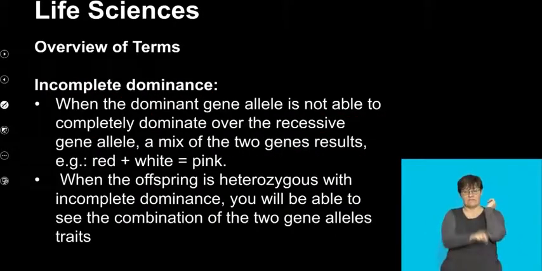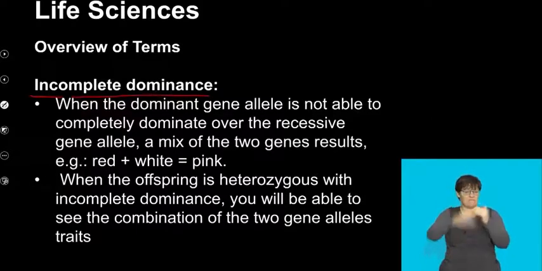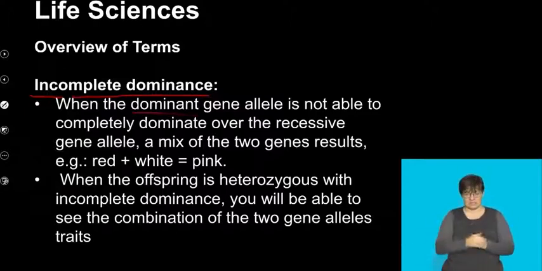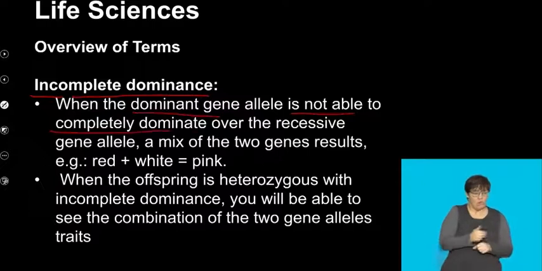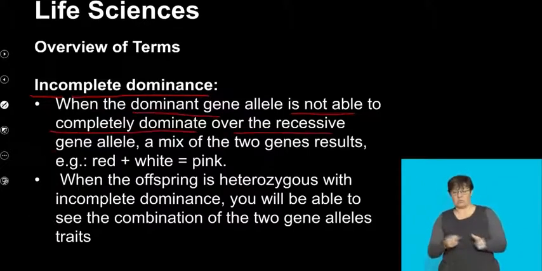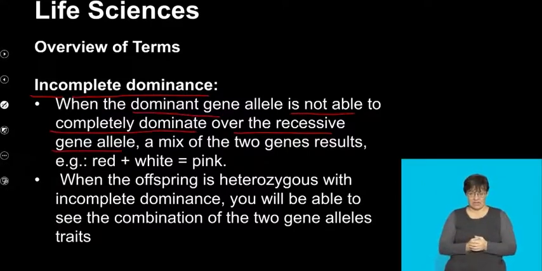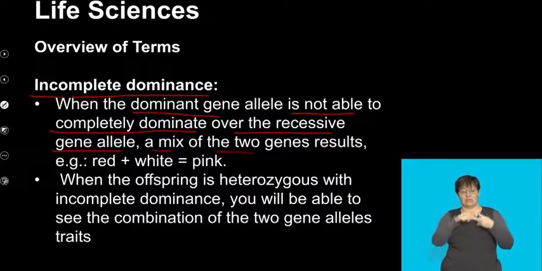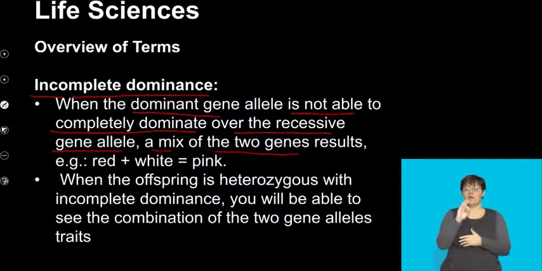And finally, the third pattern of inheritance that you need to remember is incomplete dominance. So this essentially is when the dominant gene allele is not able to completely dominate over the recessive gene allele. So this results in a mix of the two genes, which creates what we call a new phenotype.